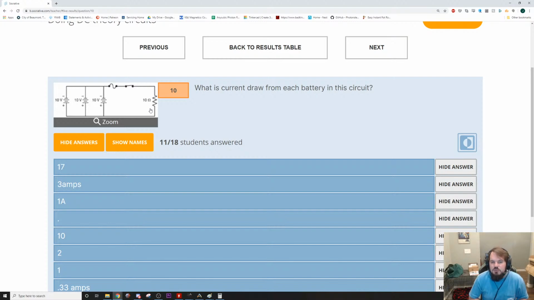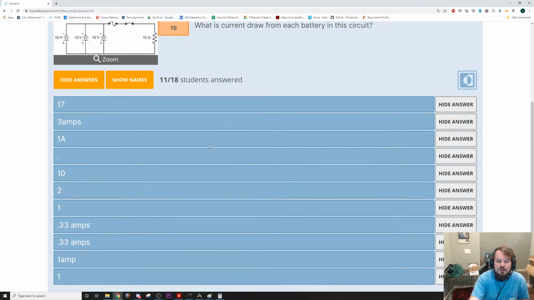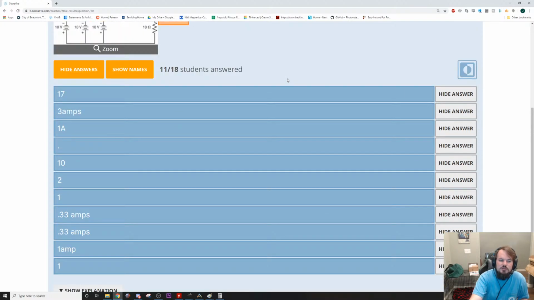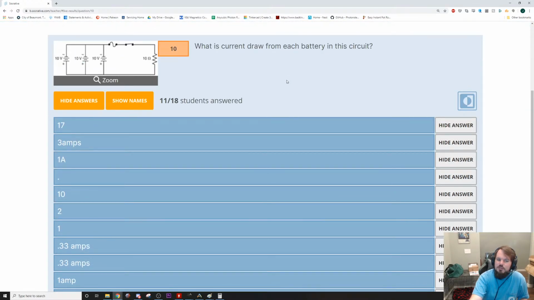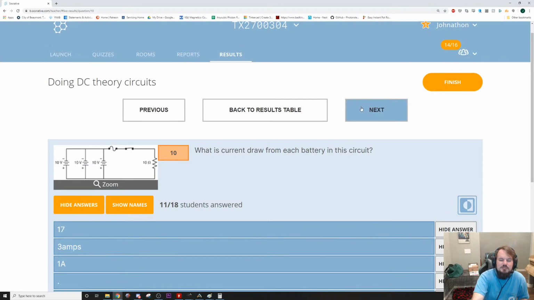So the actual current draw from each battery is going to be a third of the total current draw. So you'll have 0.33 amps right there. So good job. Somebody said 3 amps. Went the wrong way, but at least you're consistent. I know I didn't put any answers in here.